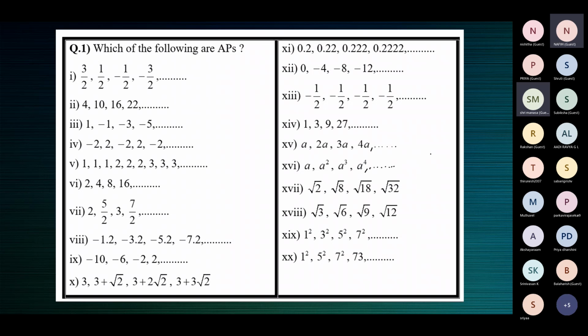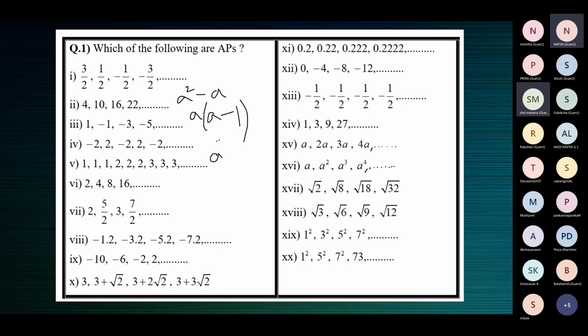Right. What about the 15th one, children? Now the 16th one. Does the sequence form an arithmetic progression? No, ma'am. As Priyadarshini said, what is the difference between A square and A? A square minus A, you can take A common and write A minus 1.